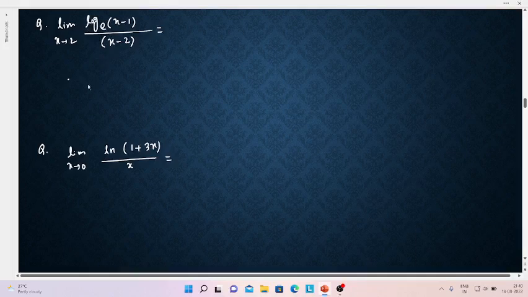Log base e is nothing but ln. If log base e of x is there, that can be written as ln x. So we have limit x tending to 2 of log(x - 1) with base e upon x - 2. Can you tell me what will be the value of the limit? Just think about this question. After that I will give you the solution, right?